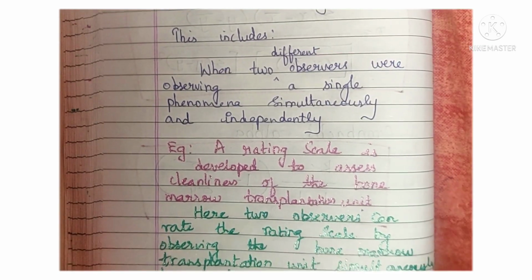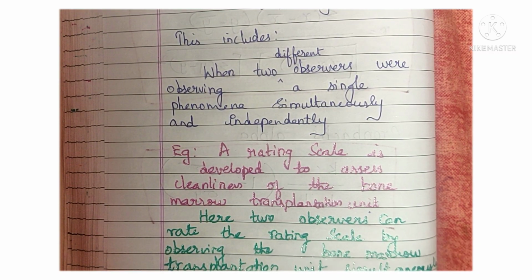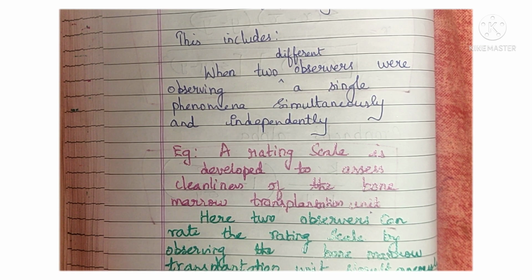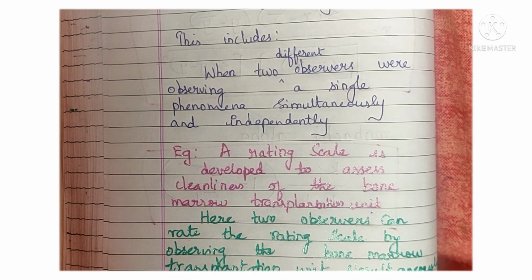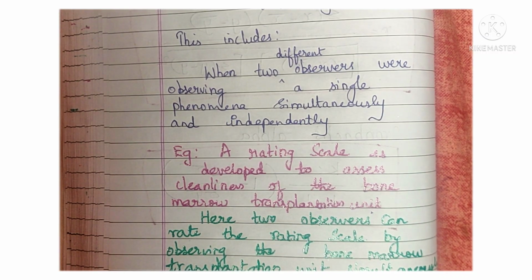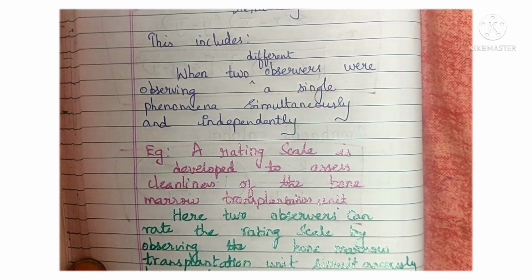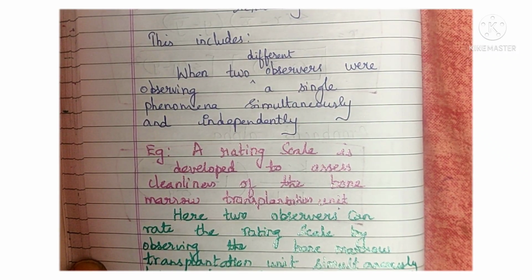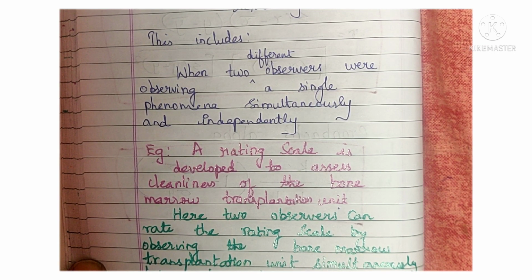So here two observers go for auditing, and they give their ratings. In inspection also, two inspectors come and give ratings like that. They are rating independently. The same phenomenon they observe and they rate it.